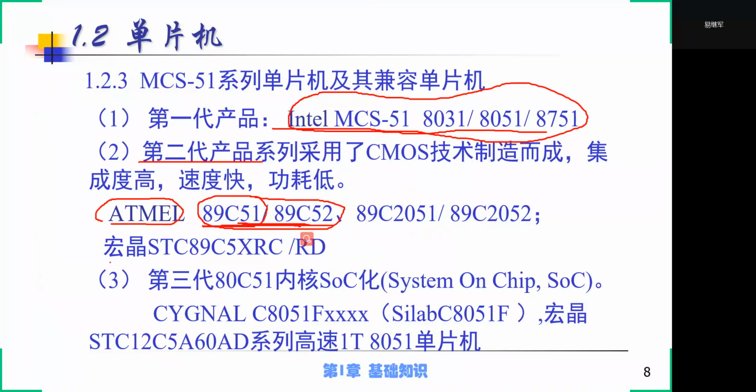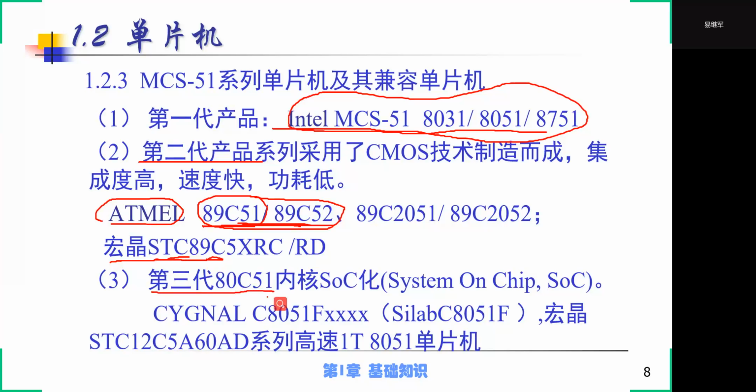Okay. This is another compatible microcontroller for the 8051: STC89. This is a third generation for the 8051.